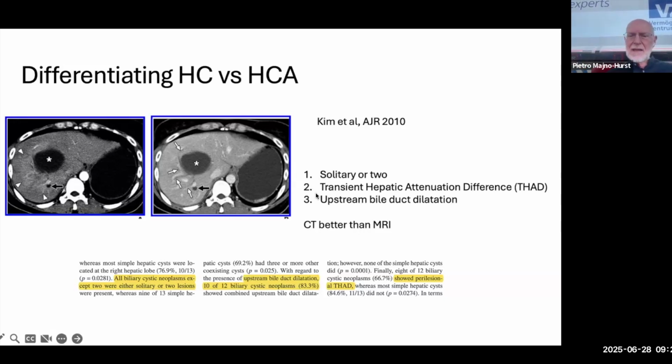But the two signs that they found important were the upstream dilatation of the bile ducts, which we have in this case, and the transient hepatic attenuation difference, the TAD, in the liver, which we don't have here because we can't see it as it's an MRI and not a CT scan.